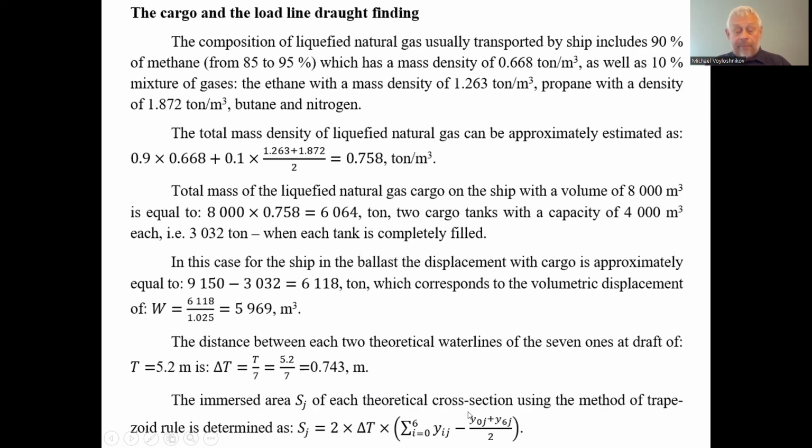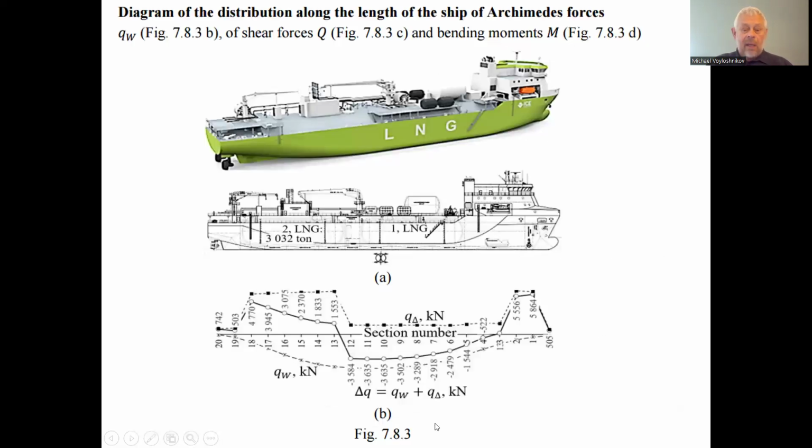The adjustment is the total of the zero and the last ordinates divided by 2. This is the adjustment to the total. This is the trapezoid rule. Sorry, yes, these extreme ordinates, the 0 ordinate and the 6 ordinate, and the total from 0 to 6.